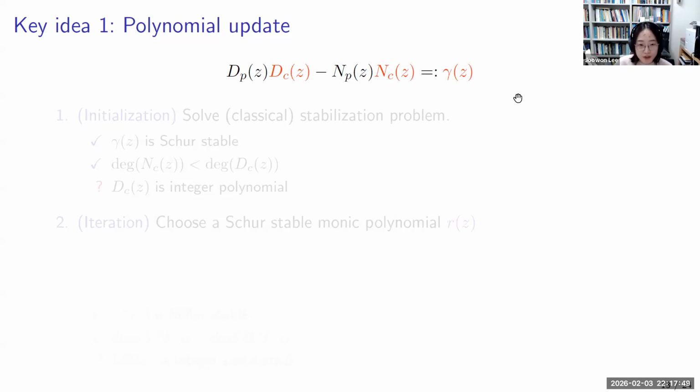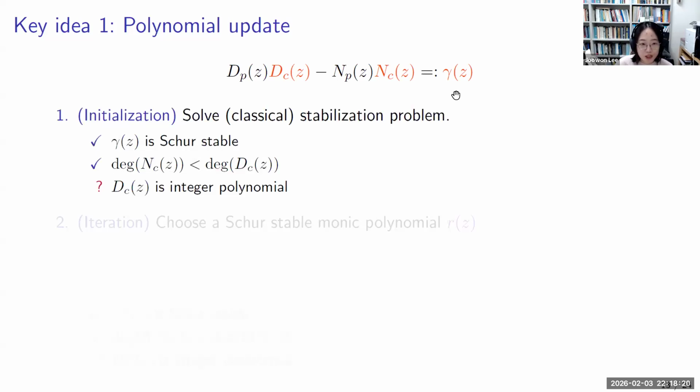So specifically, let this closed loop characteristic polynomial be gamma. Let us just define gamma to be this closed loop characteristic polynomial, and we're going to update these three orange colored polynomials through iterations until DC becomes an integer monopolynomial.